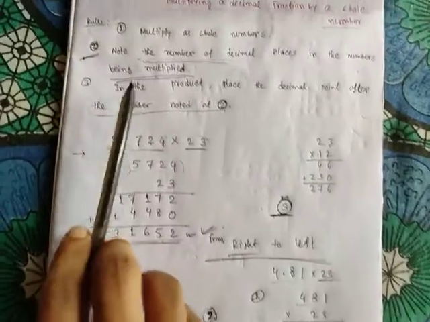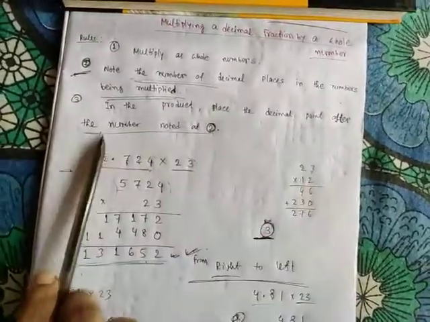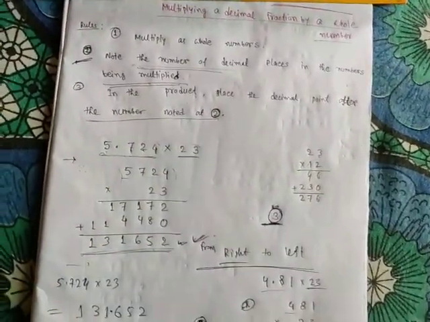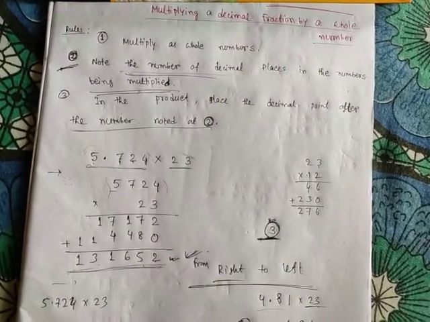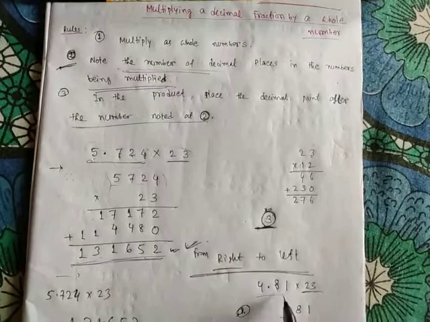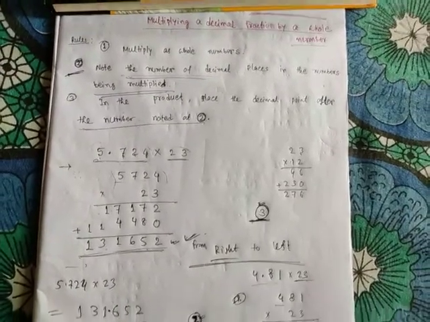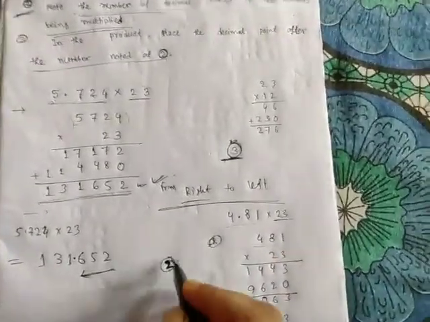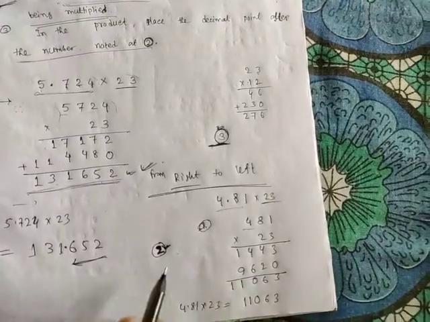Now third, in the product, place the decimal point after the number noted at 2. What is the number noted at 2? That is 2, the number of decimal places in this number.